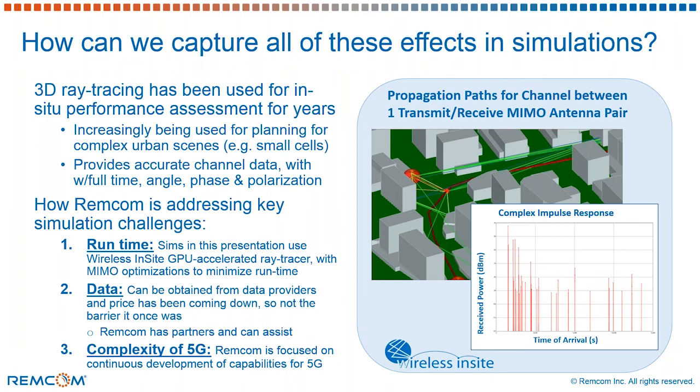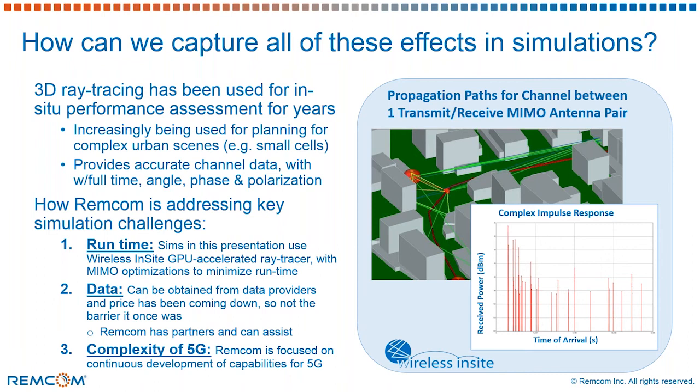Another typical challenge is the data. Data these days for buildings, foliage, and terrain can be obtained from data providers, and the price has been coming down over the years. So obtaining data to set up a complex scene, such as the figure shown to the right, is not as difficult as it once was, and REMCOM has partners and can help users to find data and set up their problems.